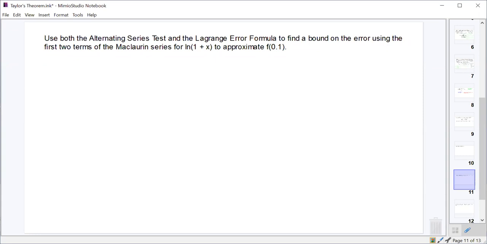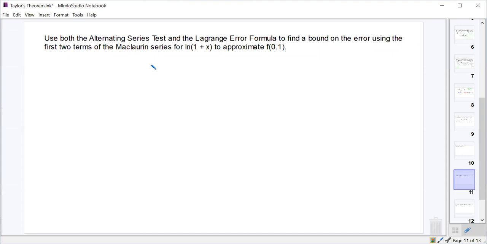What's the first term of the series for natural log of 1 plus x? Like in general, the first term.